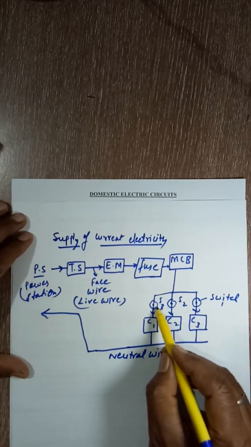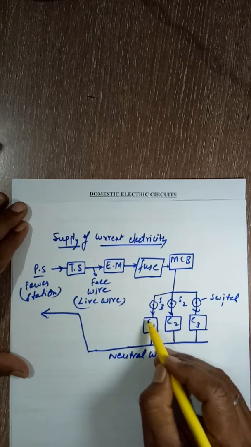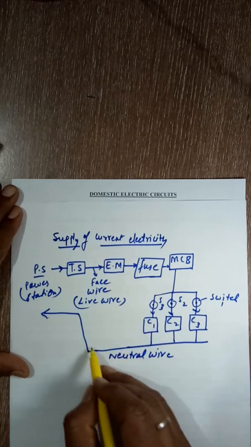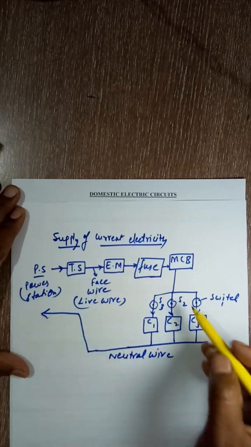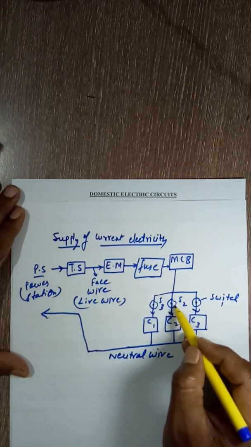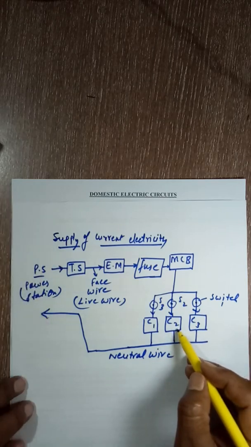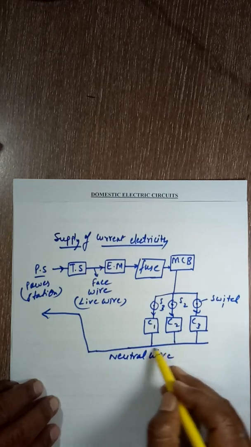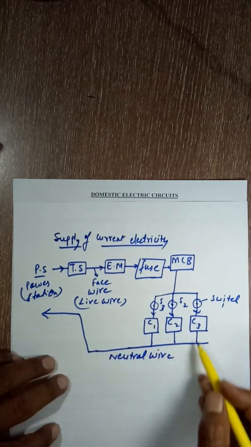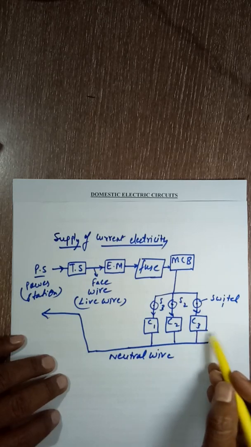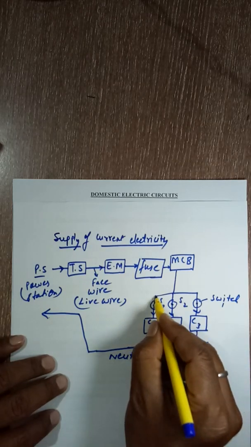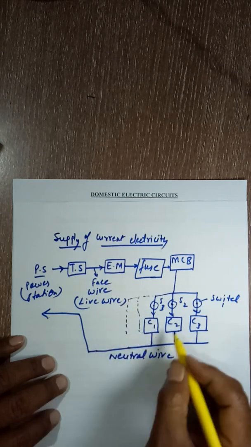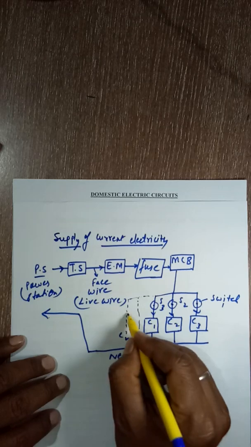When you switch on the first switch, current electricity goes to the first component, it works, and then through the neutral wire it goes back. Similarly, when you switch on S2, component C2 will start working, and it goes back through the neutral wire. Similarly, component 3. So there can be many components, n components attached here, Cn, having switches.